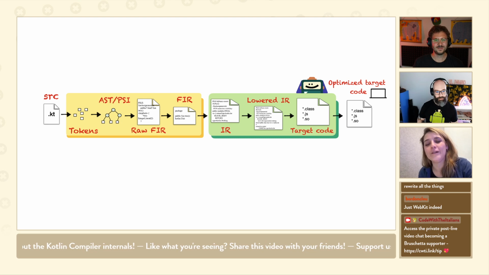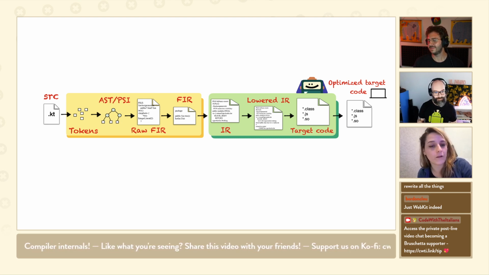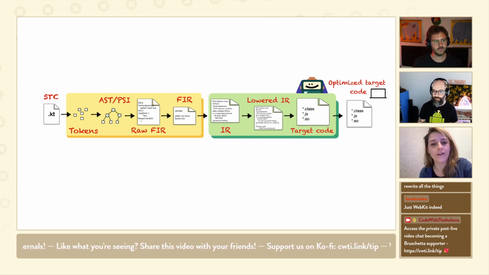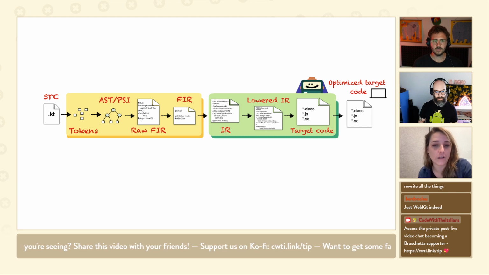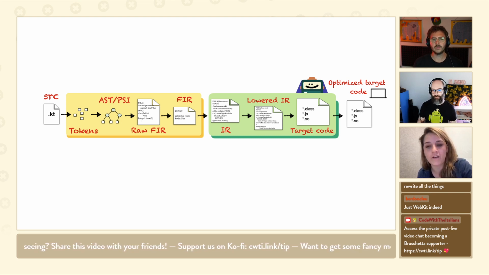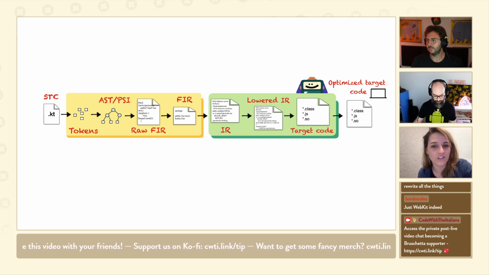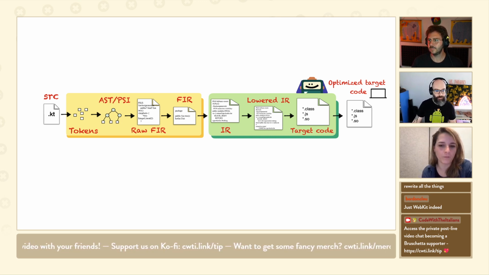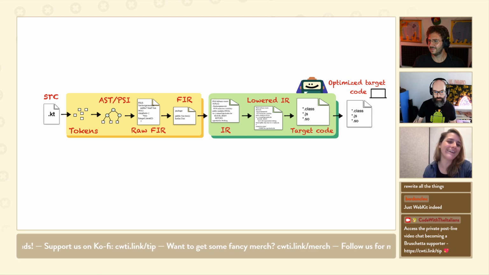So once you hit the back end, no matter what backend compiler you run with, JVM, JS, native, or WASM, they all start the same. They will generate the IR and then optimize it. So that's the IR and the lowered IR portion. And then whatever mode you end up going with, that's when the target code is generated. And I believe it's optimized, but we'll talk about that a little less because it's a whole bunch of rounds of compiling and lowering.